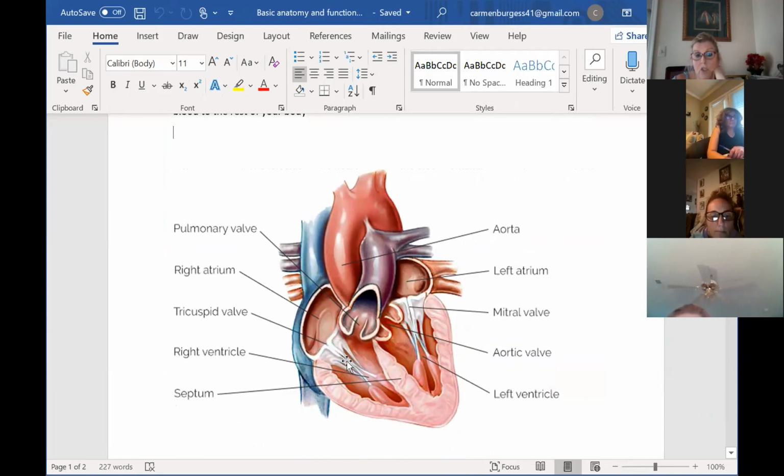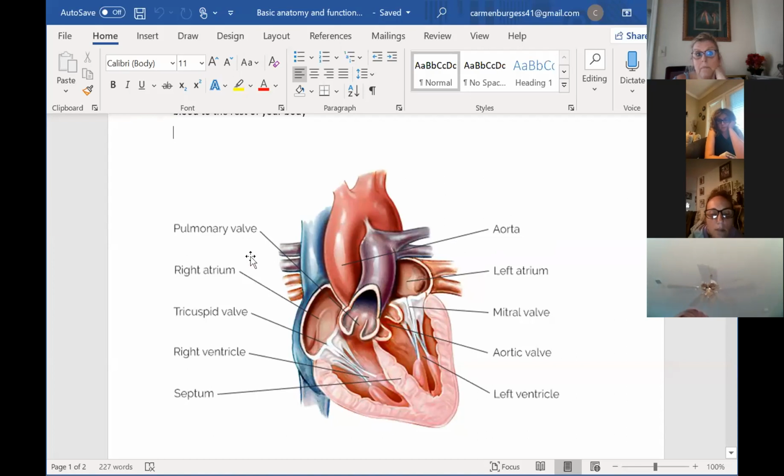It goes through the tricuspid valve to the right ventricle, then through the pulmonary valve, because it's got to go through a valve, to the pulmonary artery. Then it goes to the right and left lungs first, because it's got to pick up oxygen.